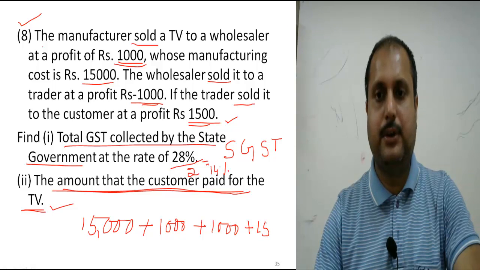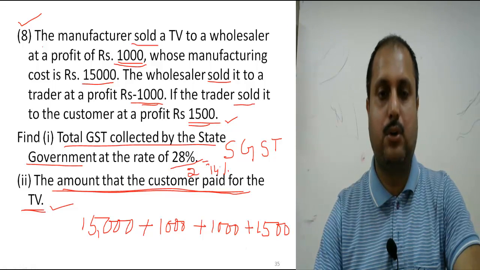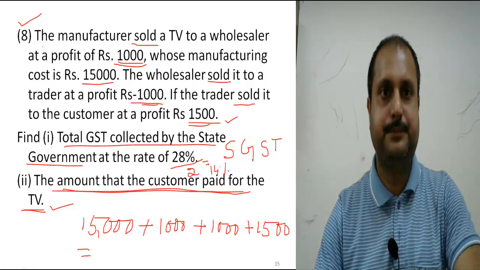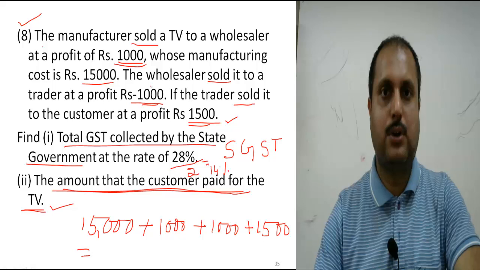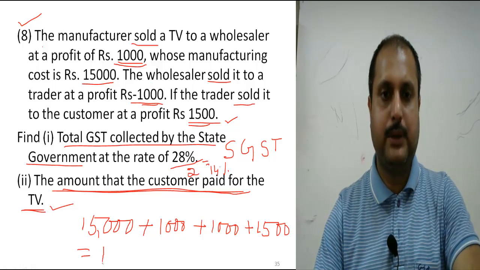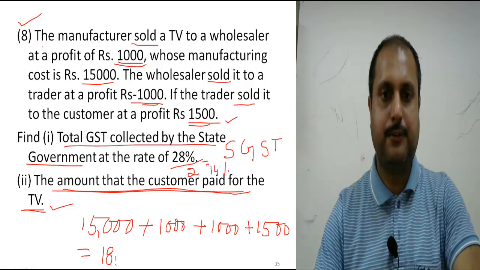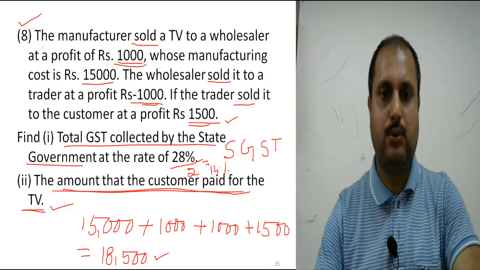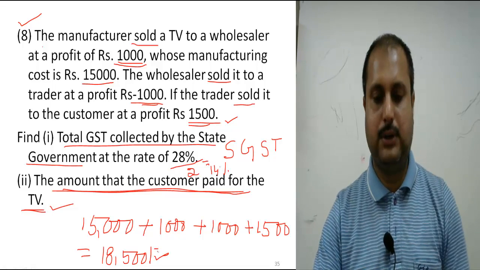So what is the total amount of the TV? The total amount would be 18,500.